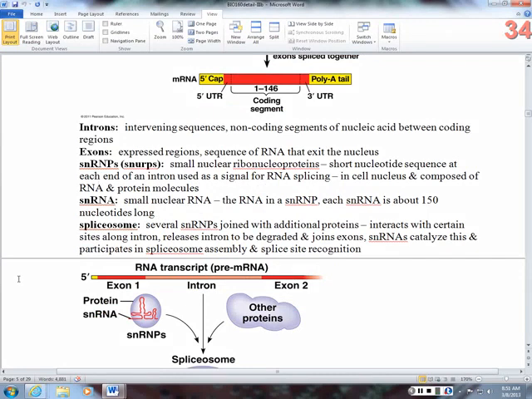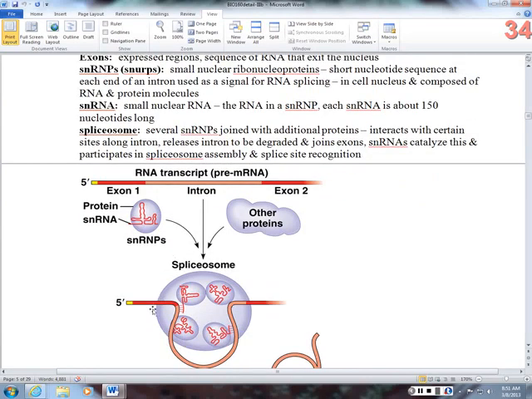So the spliceosome is going to use several of these SNRPs, joined with additional proteins. Your spliceosome is going to interact with certain sites along the introns, and then it's going to release introns to be degraded and join the exons to make that actual piece.